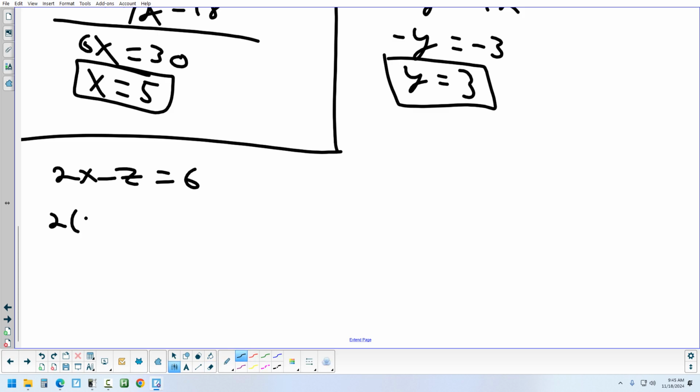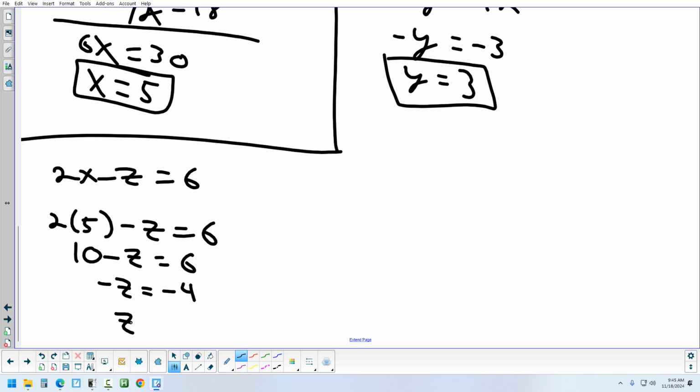Yep, we got 5. 2 times 5 is going to give me 10. And then we put the 10 on the other side. Negative 4. Then I'm writing out every single step. Some of these you might be able to do in your head, but I'm just trying to show you all the steps. So what does that mean z equals? 4.